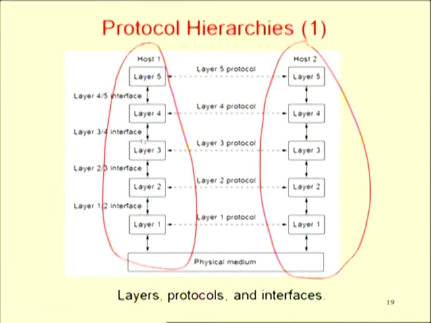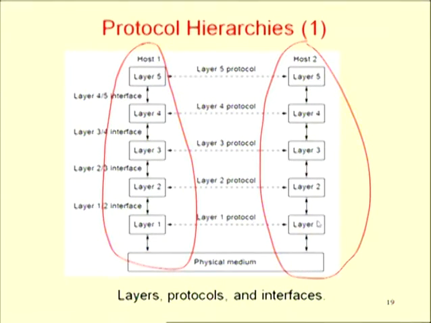Fine. So this way this communication will be going on, and as an example, if host 1 is making communication with host 2, every packet being generated by host 1 would be traveling in this fashion: layer 5, layer 4, 3, 2, 1, and then it would be passed to the medium.